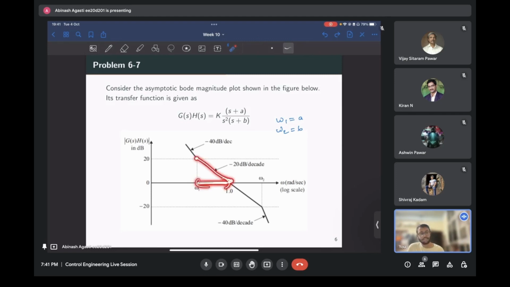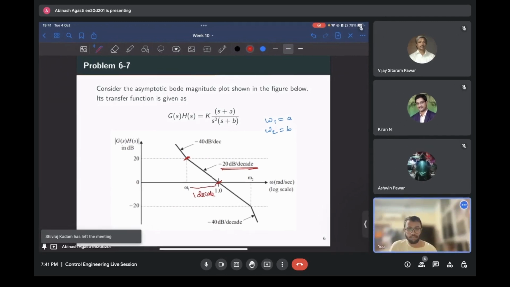That is, we have a change of minus 20 decibels, right? But here the slope itself is minus 20 decibel per decade. So from here to here, we drop from 20 to 0 at a slope of minus 20 decibel per decade. So that means this must be 1 decade, right? Is it correct?